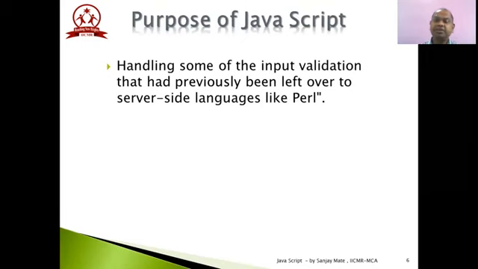After that, Microsoft also developed the same type of language, which they called JScript. They reverse engineered it and tried to compete with JavaScript. But before that, JavaScript was standardized and therefore it is well known.